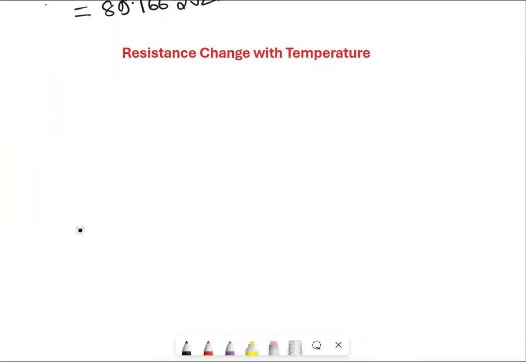Thank you. Let's summarize the topic. The TCR, temperature coefficient of resistance alpha, is equal to the change of resistance over the initial resistance, which is R0 at 0 degrees Celsius, and of course the temperature difference, that is del theta, right? Now we can use this resistance in 3 different types of circuits.